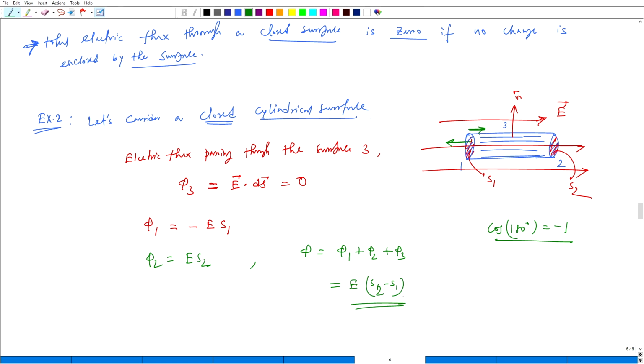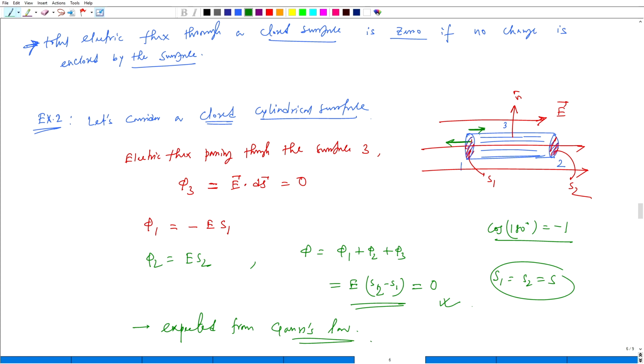Now for a cylinder, S1 and S2 are equal, S1 equals S2 equals S, so this gives 0, and that is expected by the Gauss law, because in the cylinder there is no charge and this is a closed surface. So in these two examples we considered simple cases and verified the Gauss law.